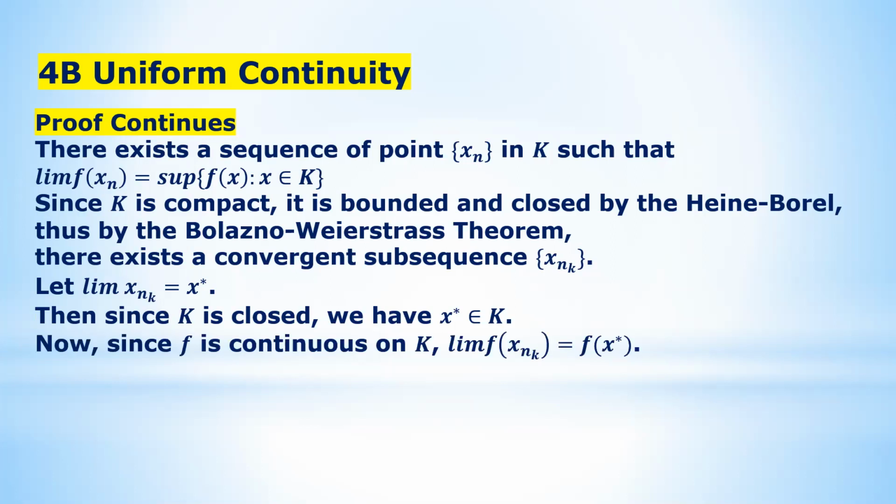Now we use the fact that f is continuous on K. I have a point in K, and the function is continuous at this x upper star, so the limit of f on the subsequence equals the function value at this point. That follows from the definition of continuity.